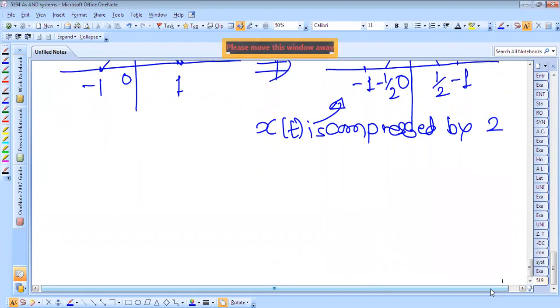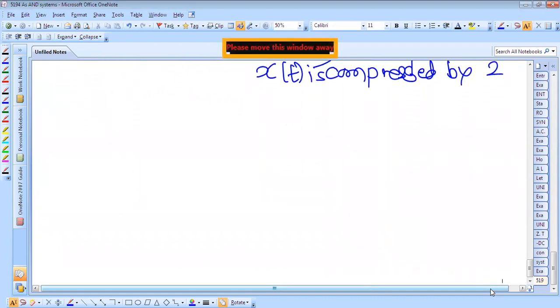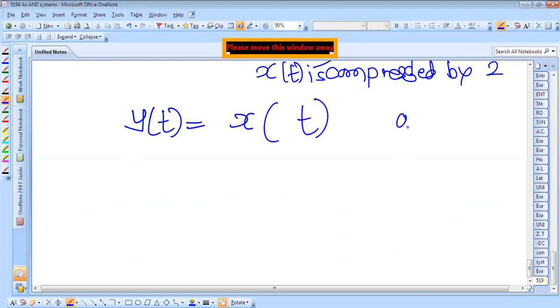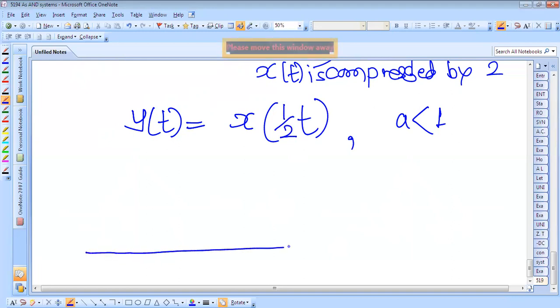Now we have to expand the signal. If we are to expand the output, the value of a should be less than 1. So we'll take a as a half, suppose. If it is a half, how will your output signal become?